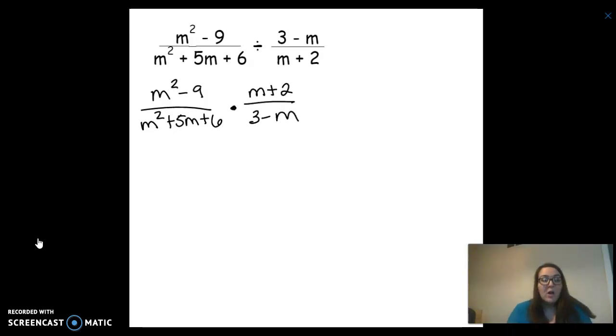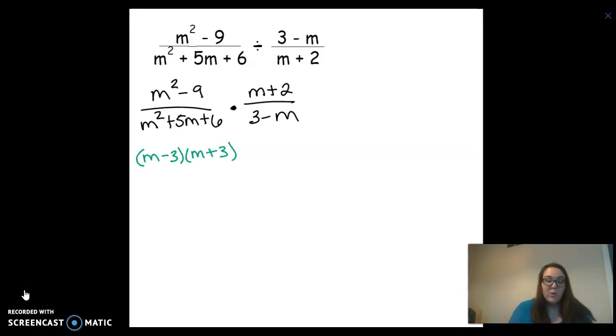What I want to do here is factor the m squared minus 9, and factor the m squared plus 5m plus 6. Reminder that m squared minus 9 is a difference of two squares, and we'll factor it this way: m minus 3 and m plus 3.